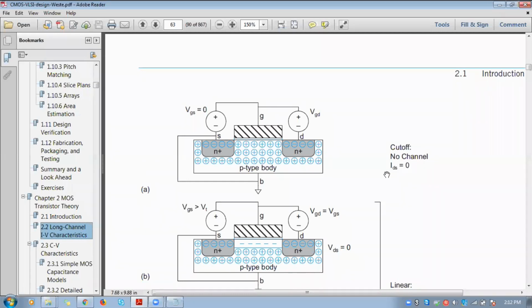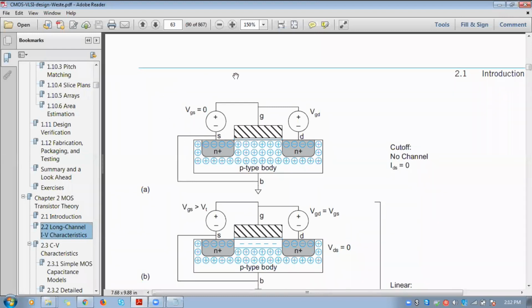So IDS current is zero. Why are we specifying IDS? The current flows from drain to source. When we activate the channel and apply the source and drain potential, the electrons start moving from source to drain, so current flows in the opposite direction. That's why it is specified as IDS.